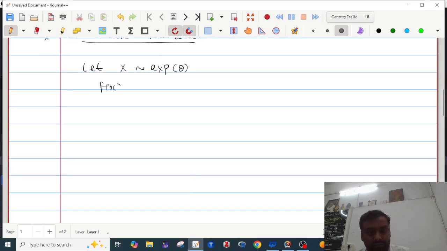The PDF f(x) is theta into e raised to minus theta x for x positive, 0 otherwise.